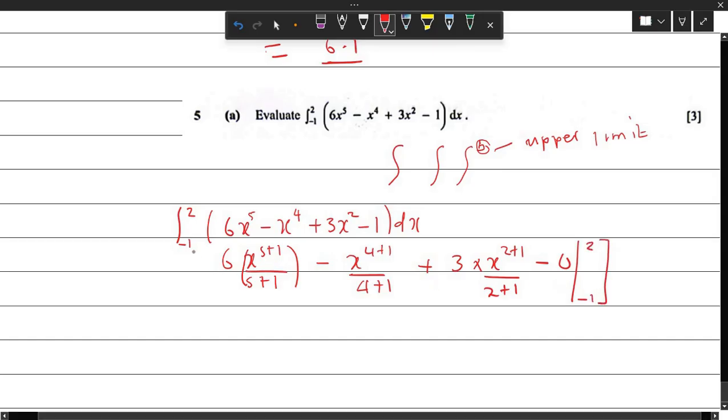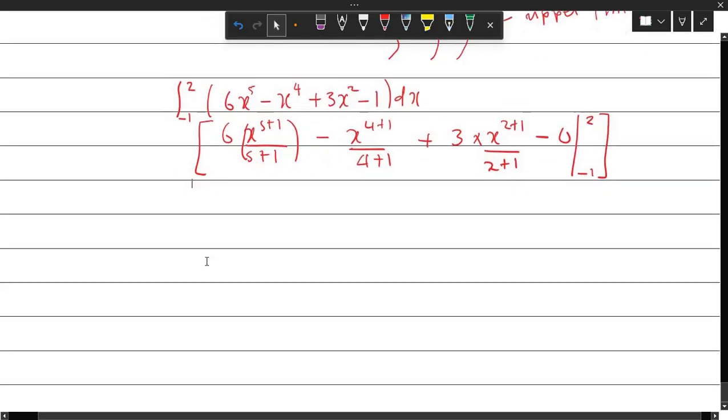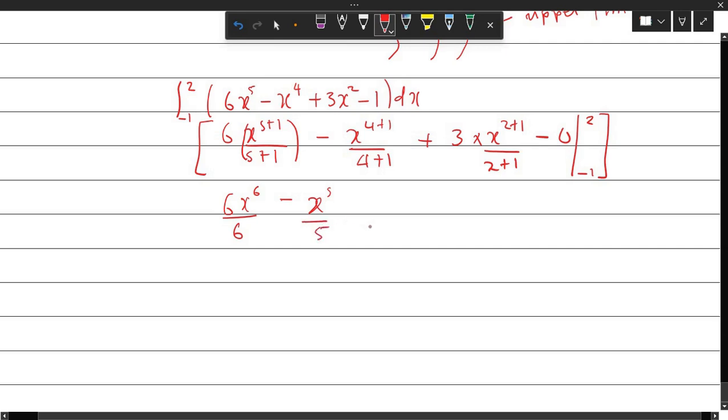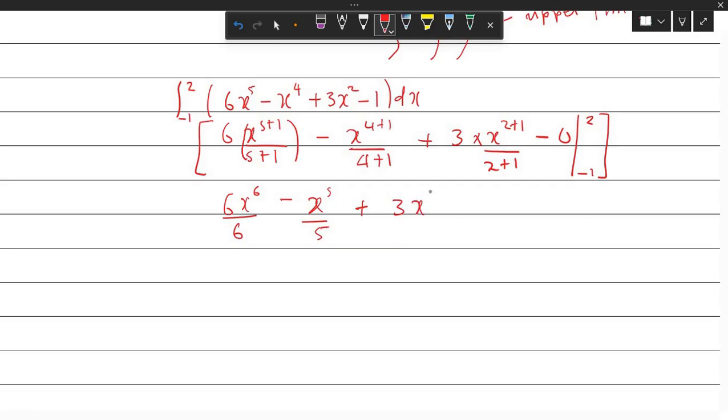Okay, so this is our question. We'll simplify it a bit. So we have 6x to the power 6 divided by 5 plus 1, which is 6. Then you say subtract x to the power 5 over 5, plus 3x to the power 3 over 2 plus 1, which is 3.